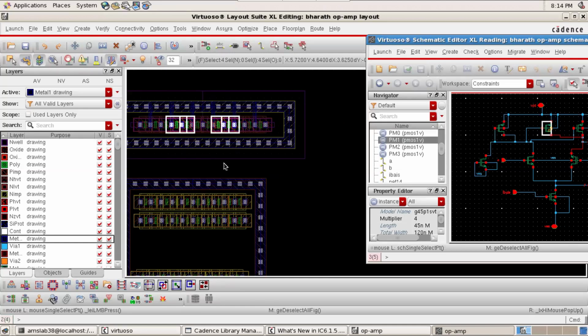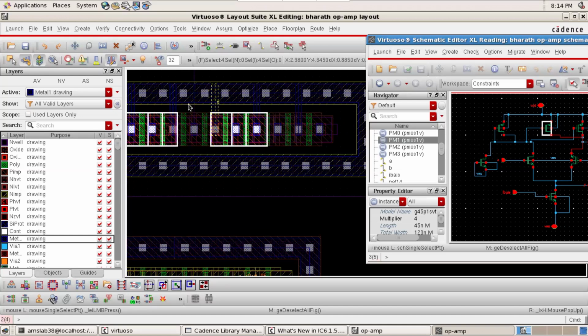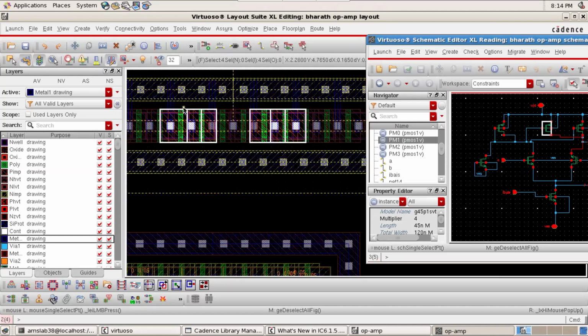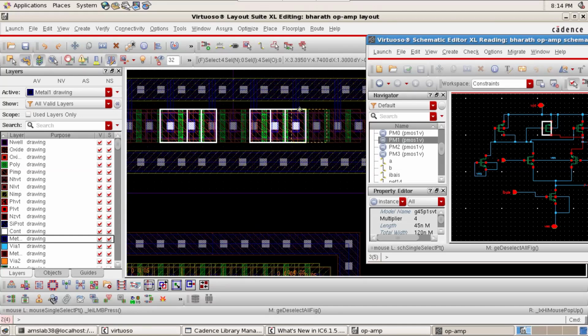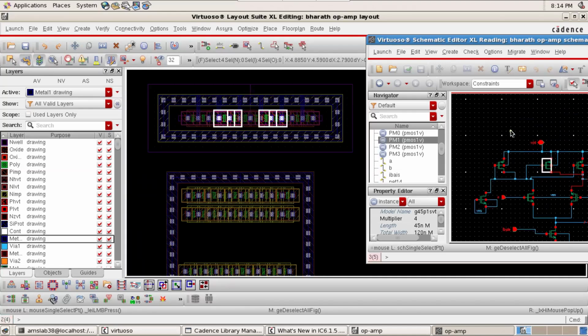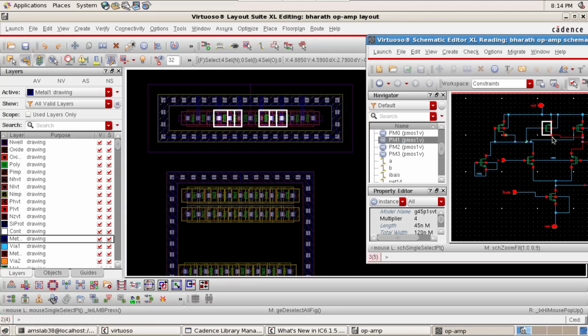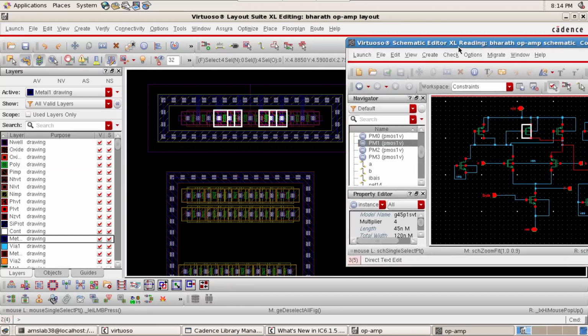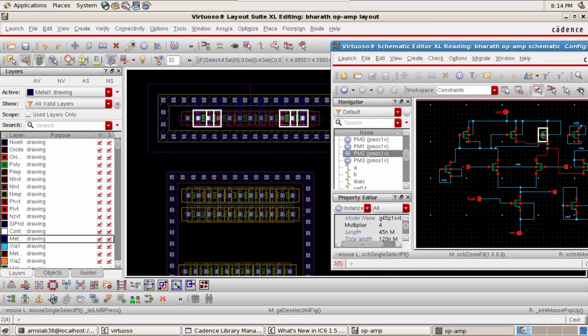Afterwards I have placed two neighboring devices commonly sharing supply: two multipliers this side, two multipliers this side. Next I placed the third device in an alternative way, again commonly sharing supply.